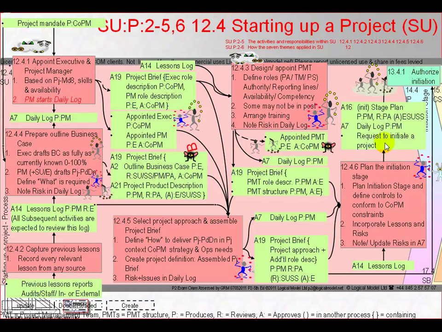Also sent to the project board alongside the initiation stage plan will be a request to initiate the project, as well as the project brief to describe the project's potential merits.